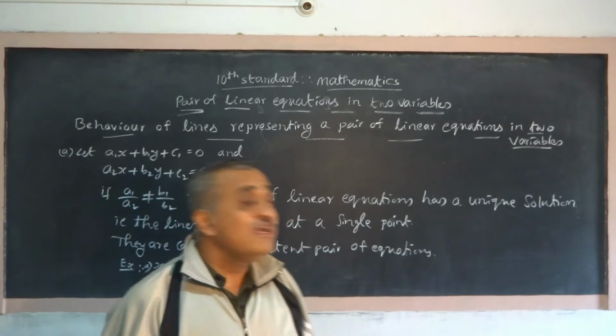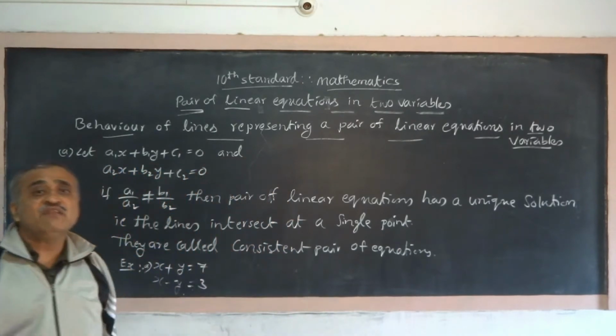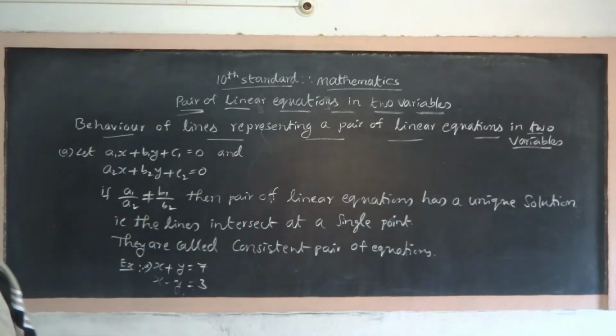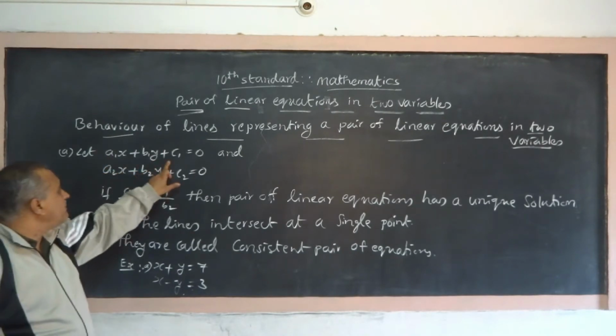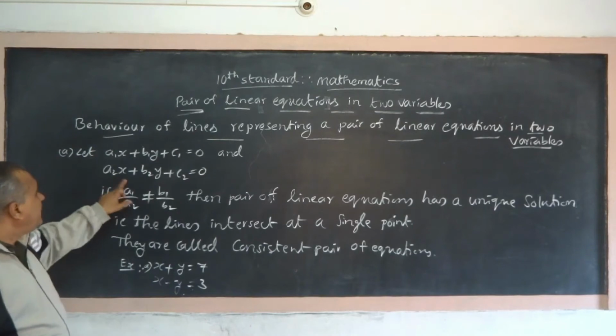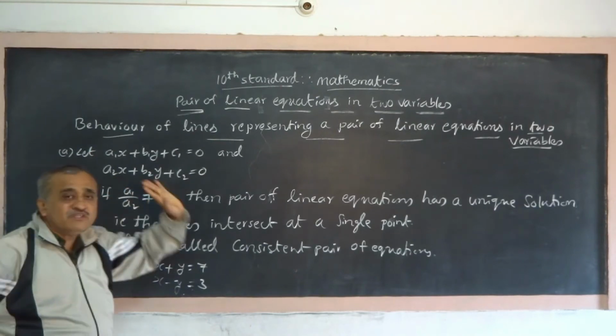Now let us consider the general form of a pair of linear equations: a1x plus b1y plus c1 equals 0, a2x plus b2y plus c2 equals 0.